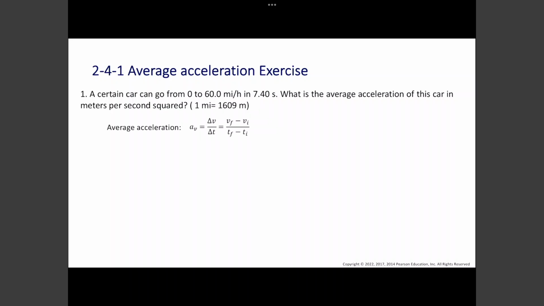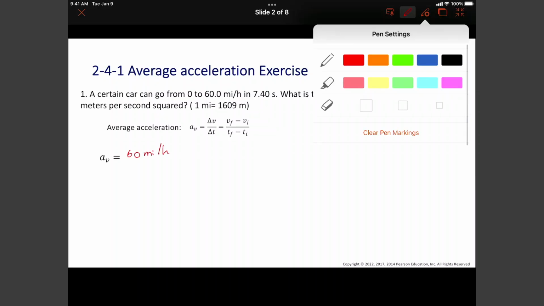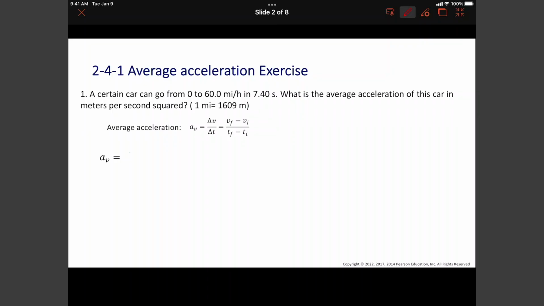So we can substitute the numerical values into this equation. a_av is equal to 60.0 miles per hour minus the initial velocity of 0, over 7.40 seconds minus 0.